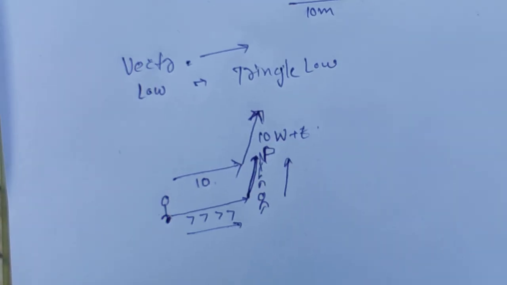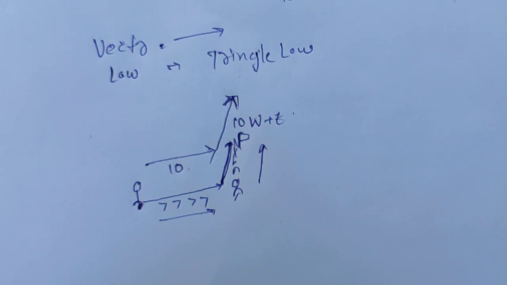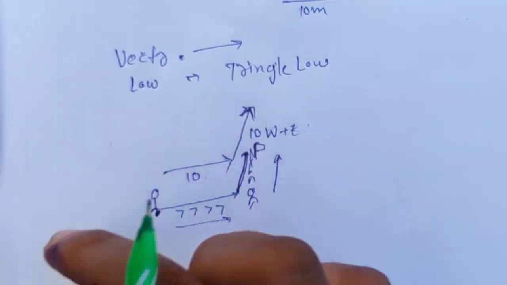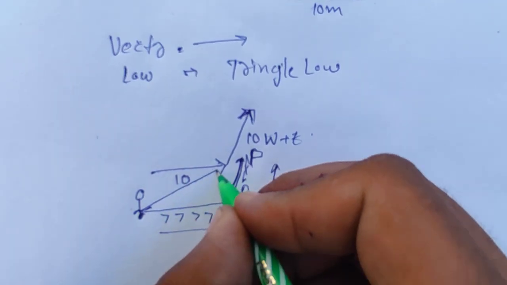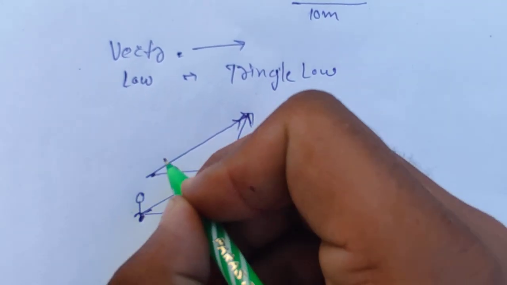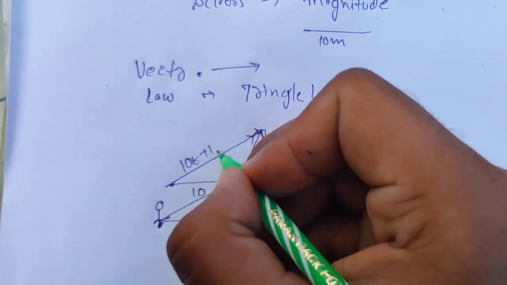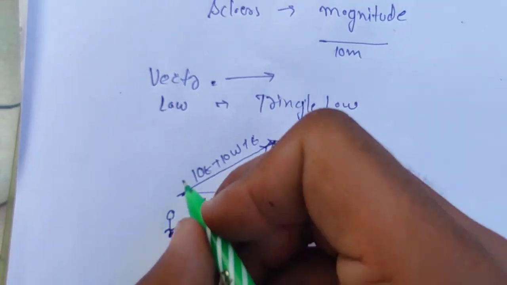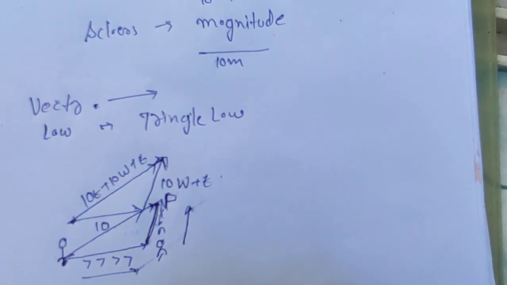So in which direction do I actually go in total? You go basically in this direction, 10 meter east plus 10 meter west of east. This is actually called the triangle law.